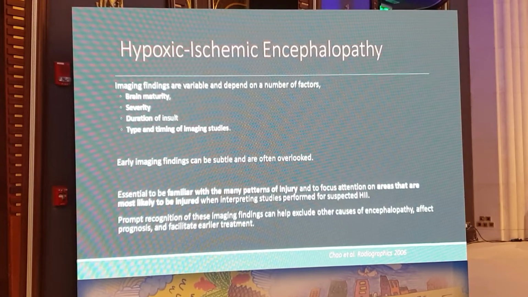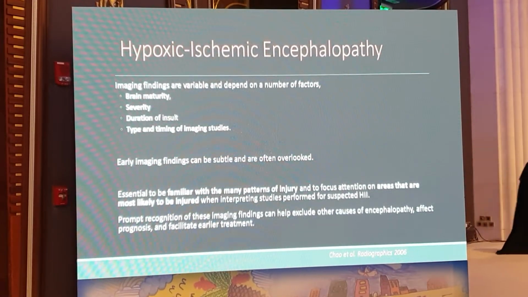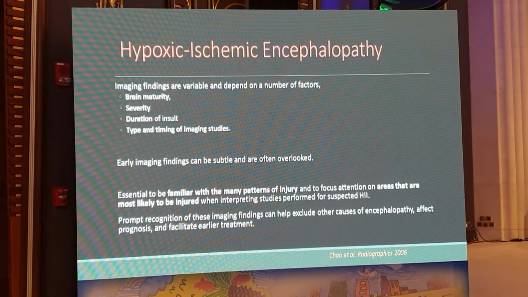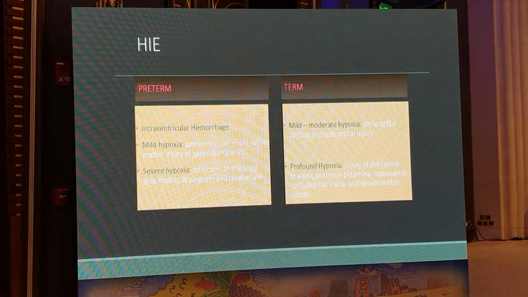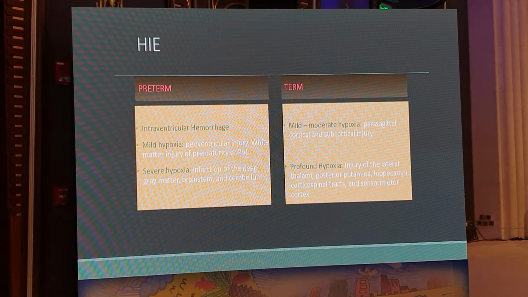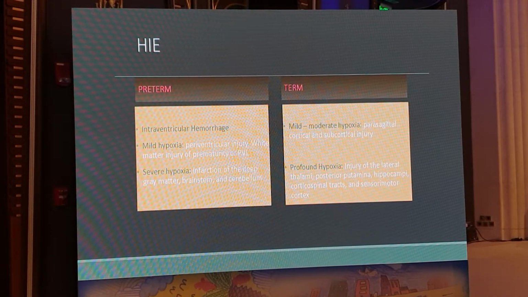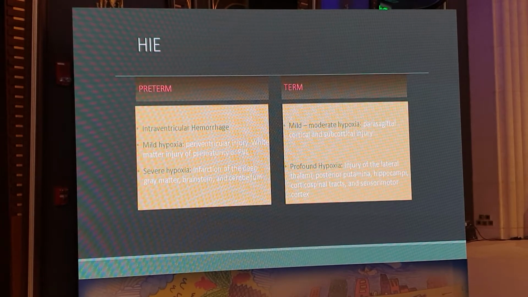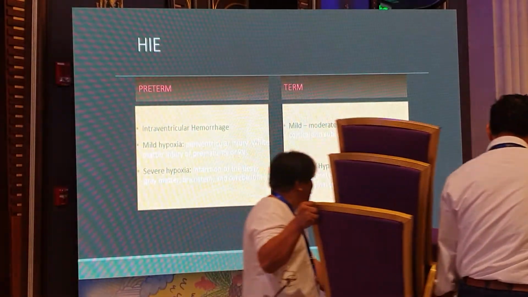Early imaging findings can be subtle and can be overlooked, so the right timing of the scan is essential. They are divided into preterm and term findings. In the preterm, we'll talk about IVH, and mild or moderate to severe hypoxia, and in the term, mild to moderate hypoxia-related HIE, and profound hypoxia.